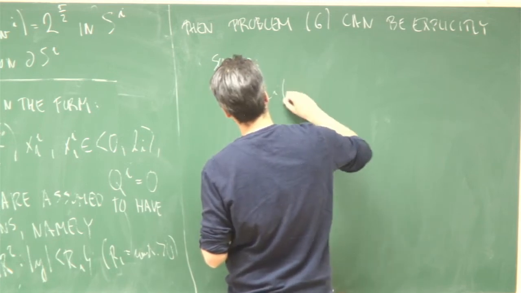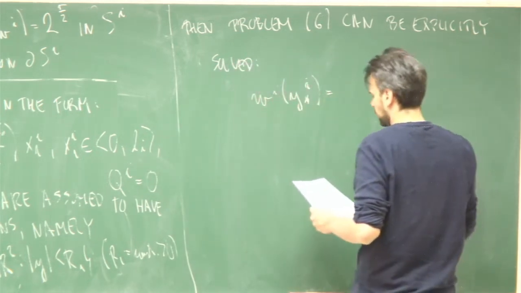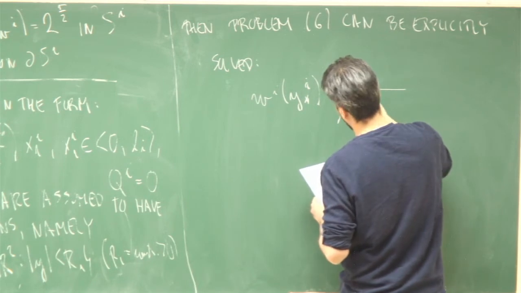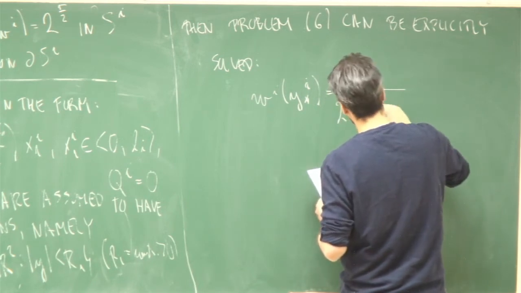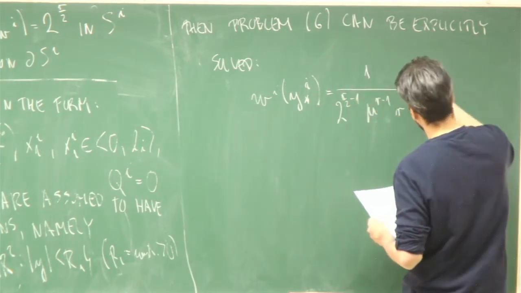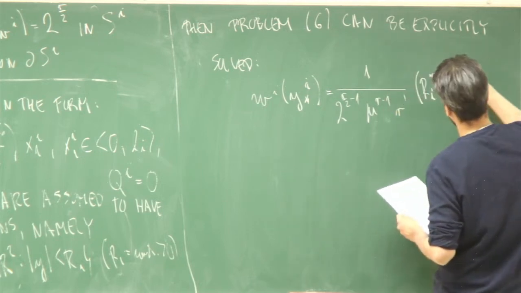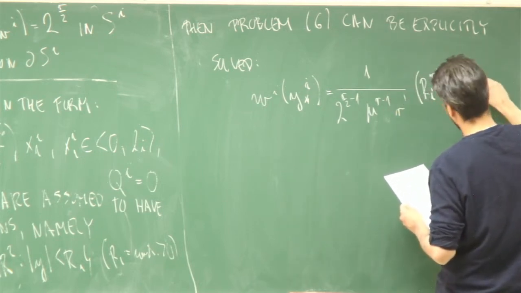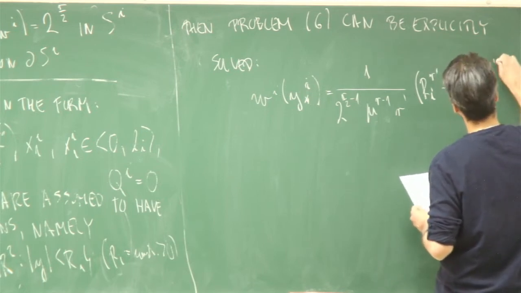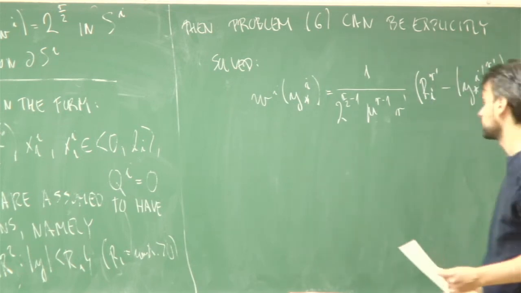So Vi y star I is 1 over 2 r over 2 minus 1 mi r minus 1 times r. So this is more or less expected from the Poiseuille that you have this form. But you have these powers and some constant in front.